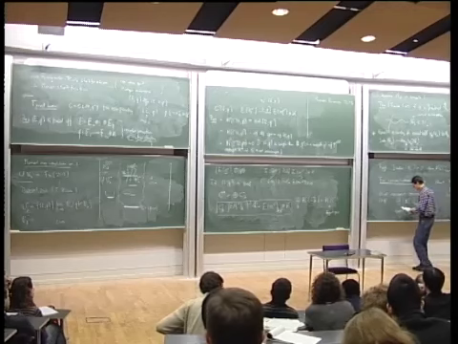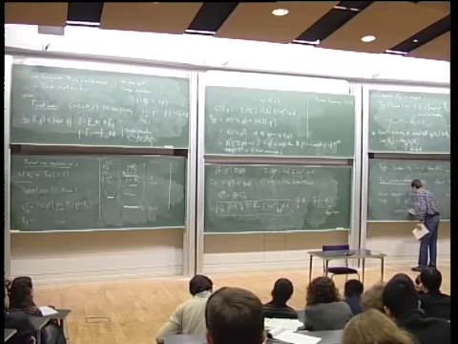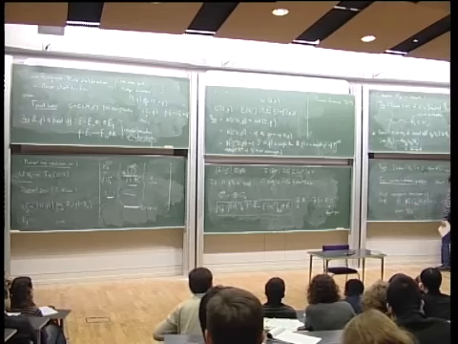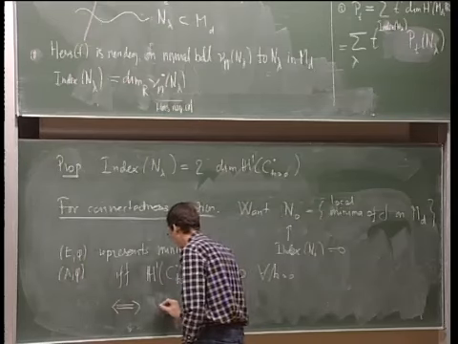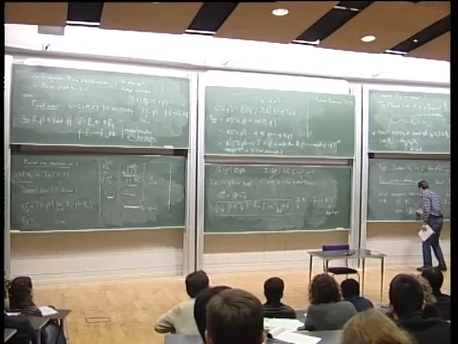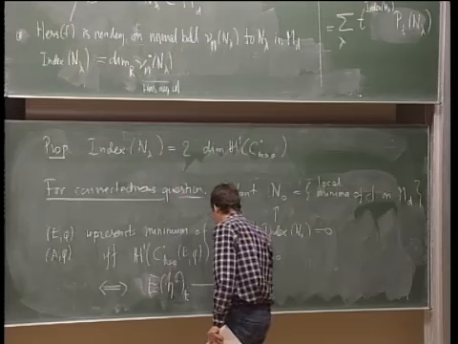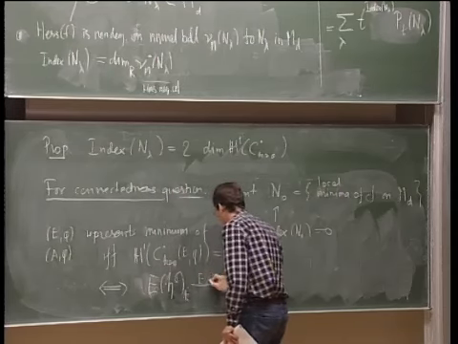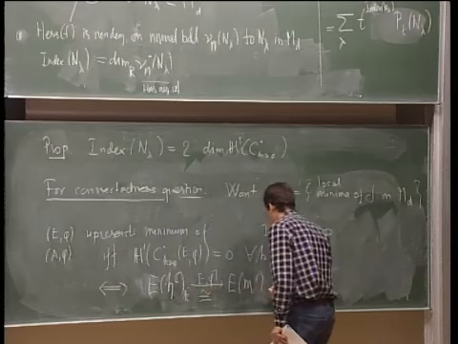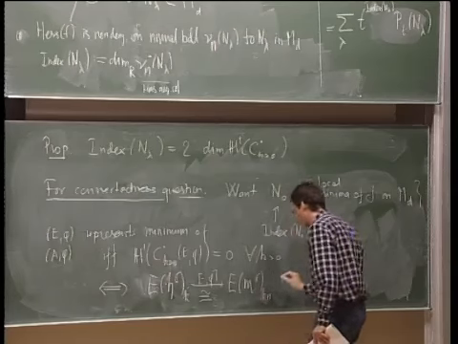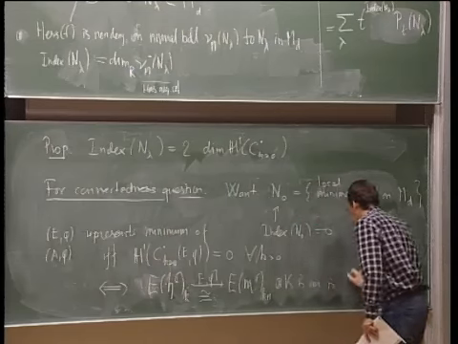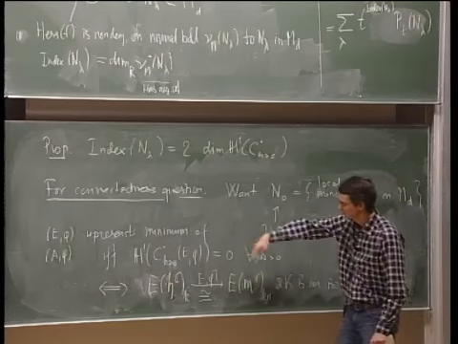So this is for all k greater than 0, and this happens if and only if that map is an isomorphism, so this holds for each k.